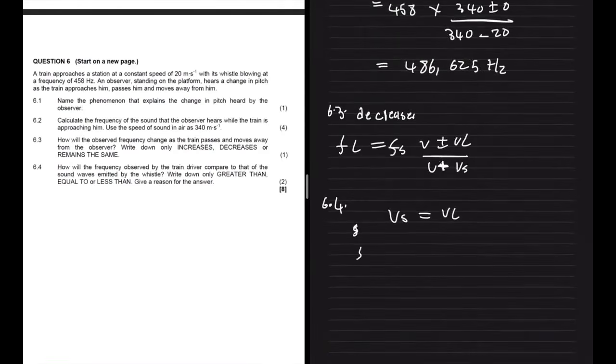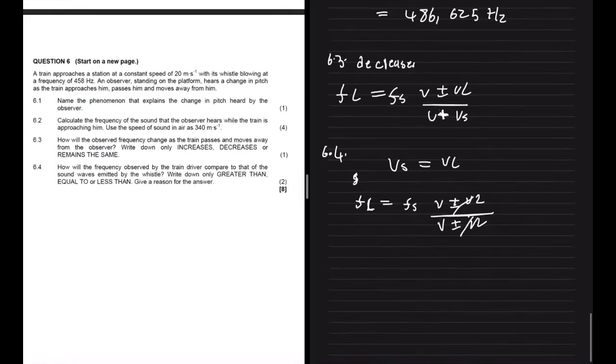If we put that into the equation, we get FL equals FS, V plus or minus VL, divided by V plus or minus VL again, because VS is the same as VL. So in this case, the numerator and the denominator cancel out, and we have FL equals FS. So for 6.4, it will be equal to.